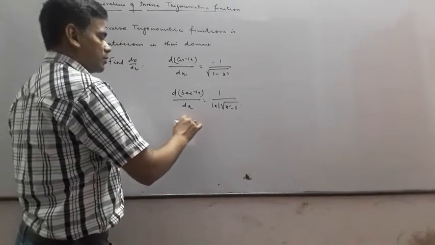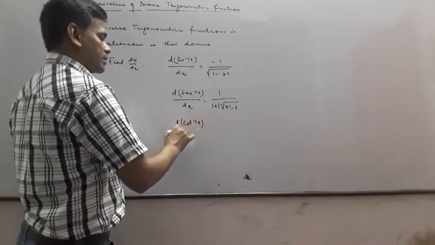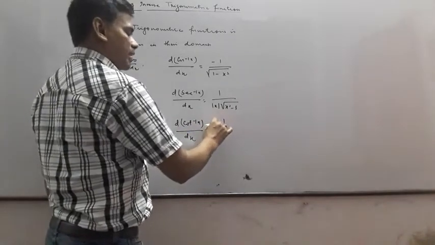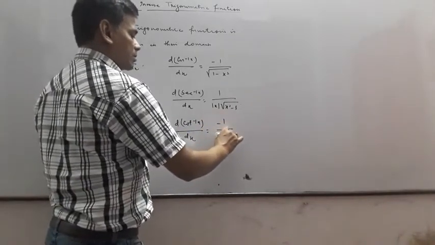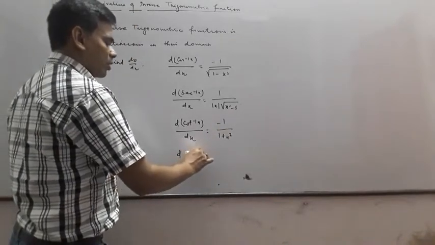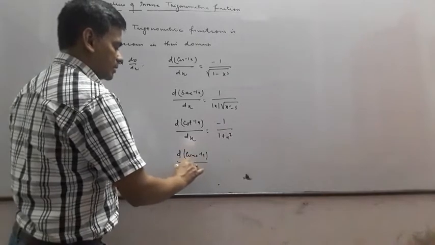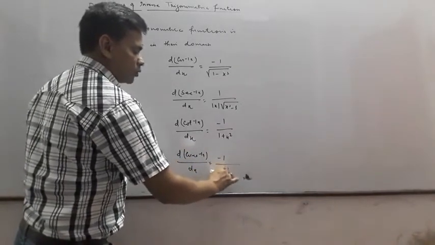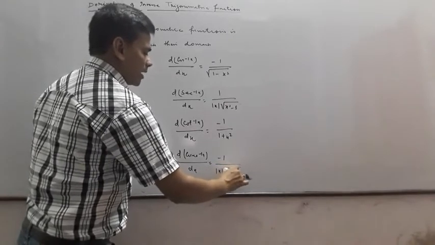Differentiation of cot inverse x dx equals minus 1 by 1 plus x square, and differentiation of cosec inverse x dx is given by minus 1 by mod x under root of x square minus 1.